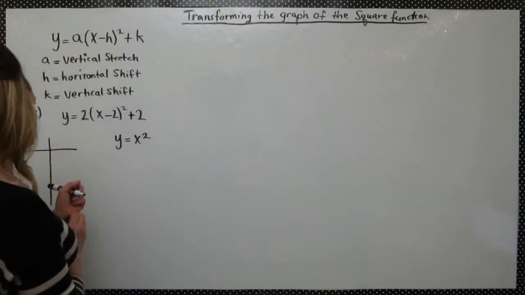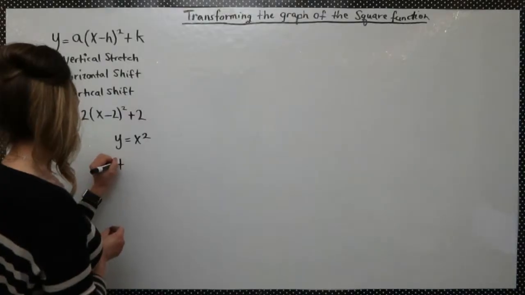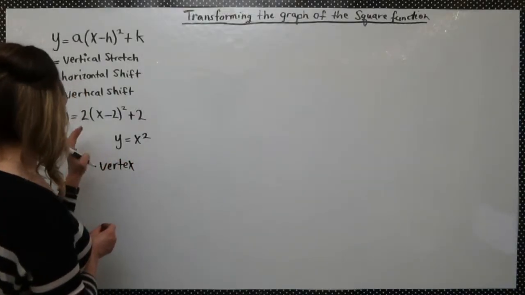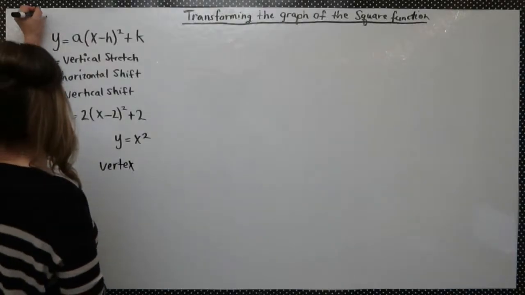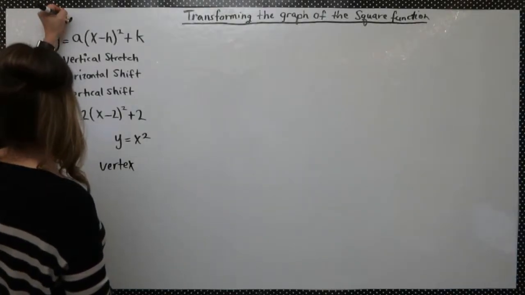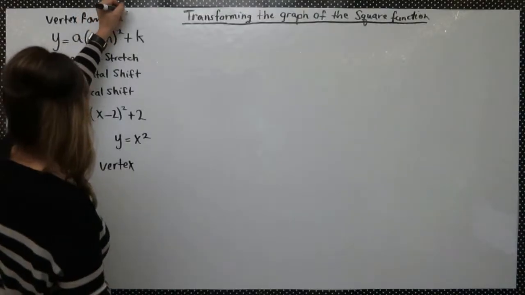Because this is actual vertex form, I'll put that in here, vertex form, at h comma k.